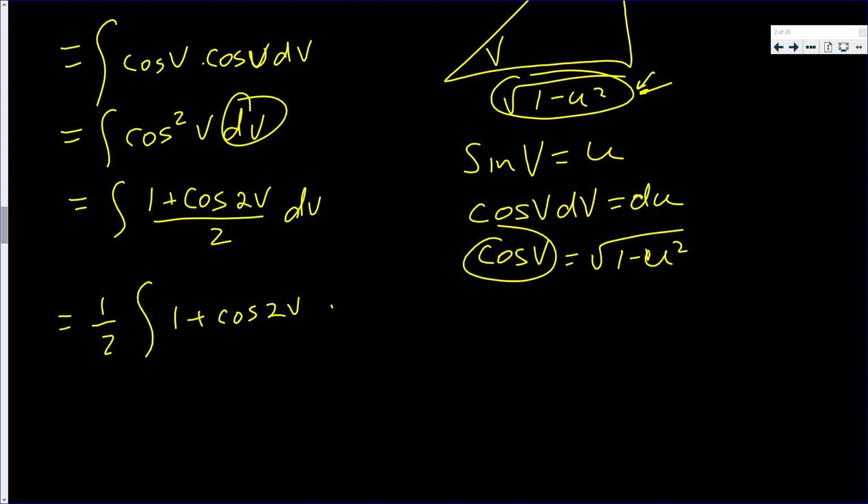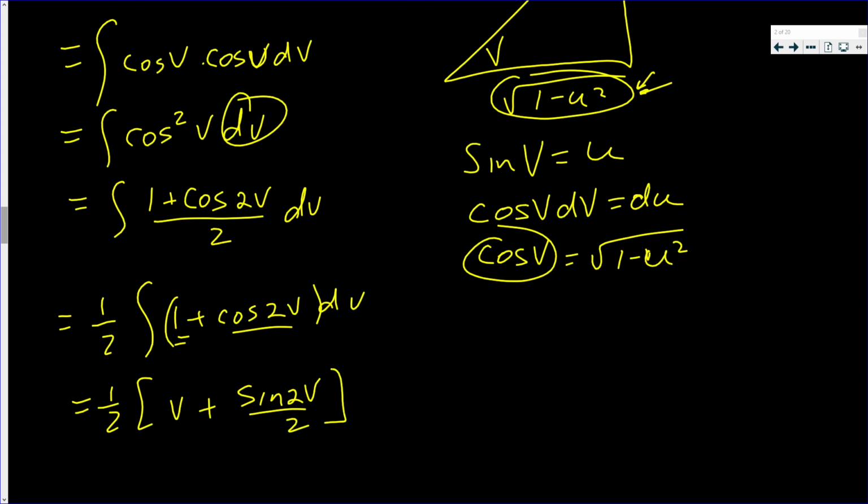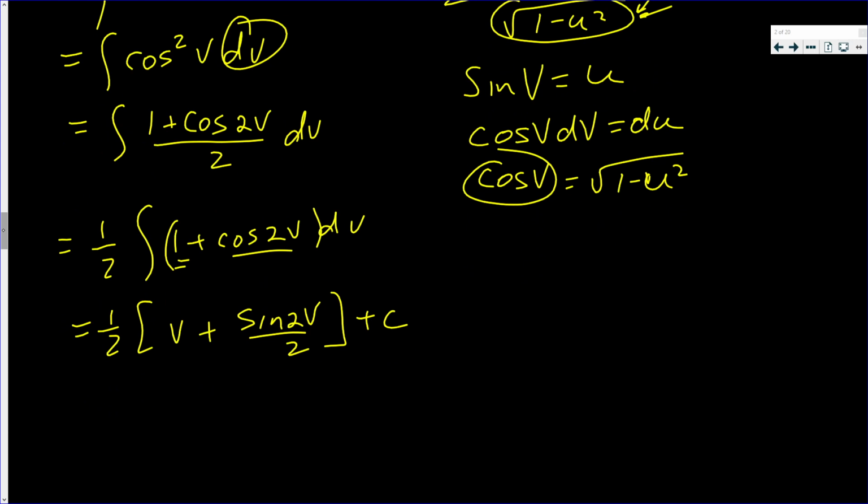So we just need to compute these two integrals. The integral of 1 is v. The integral of cosine of 2v is sine of 2v over 2 plus c. Okay. So what is v and what is sine of 2v?